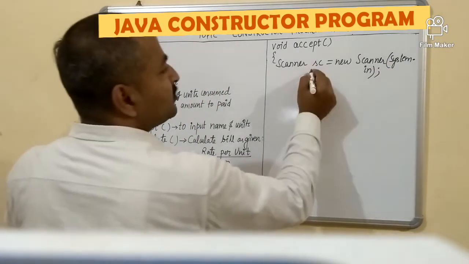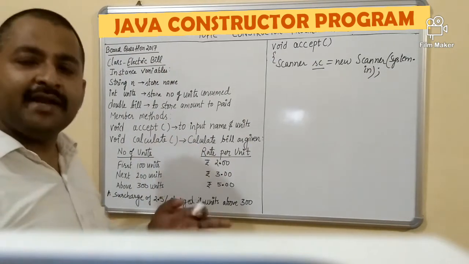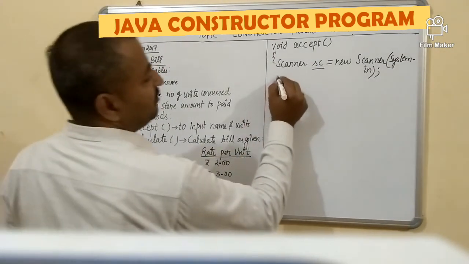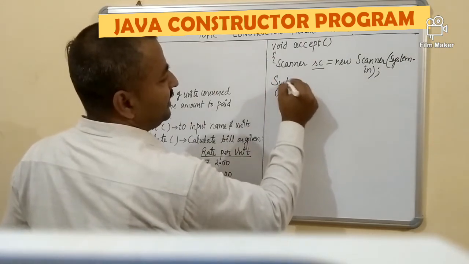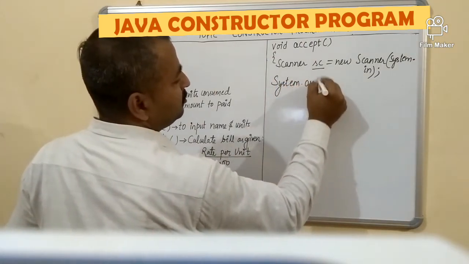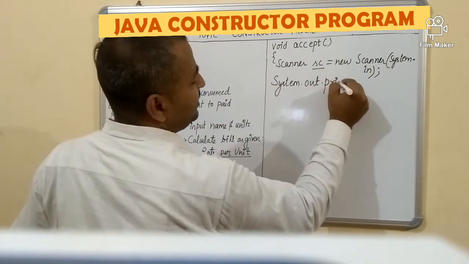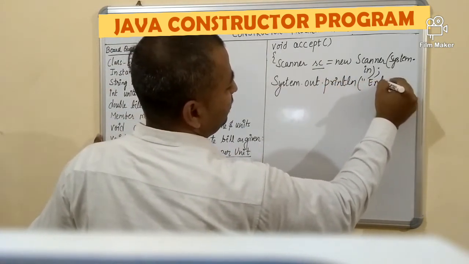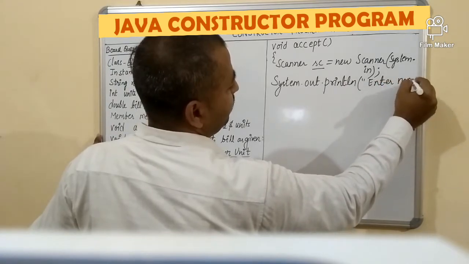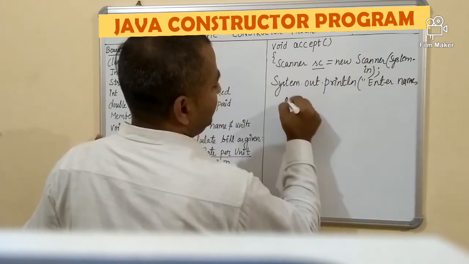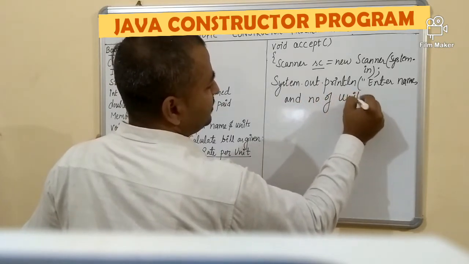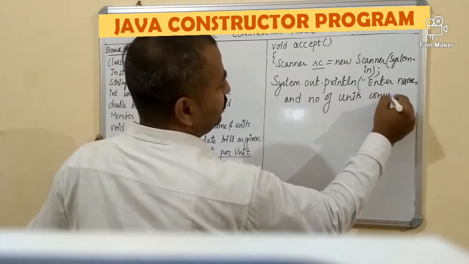Now with the help of this object, you can take input from the user. So give a message to the user by writing System.out.println, enter name and number of units consumed.